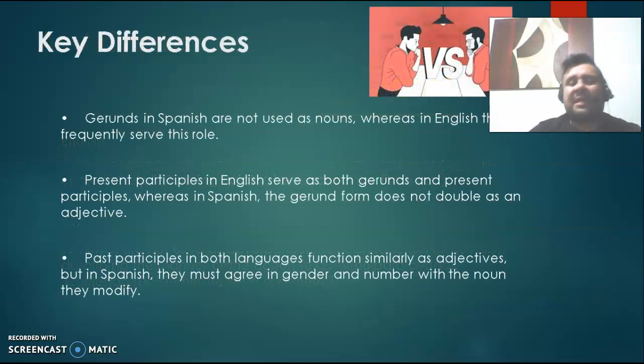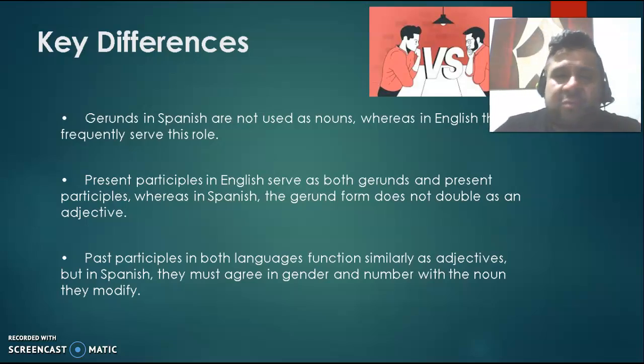Now we have key differences. We can use some tricks to try to understand better the way we can see that they are different. For example, gerunds in Spanish are not used as nouns, whereas in English they frequently serve this role.